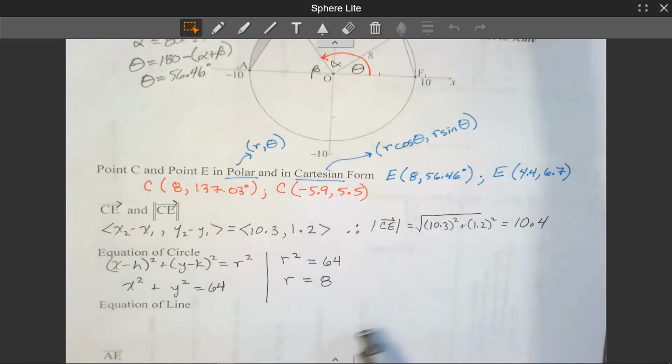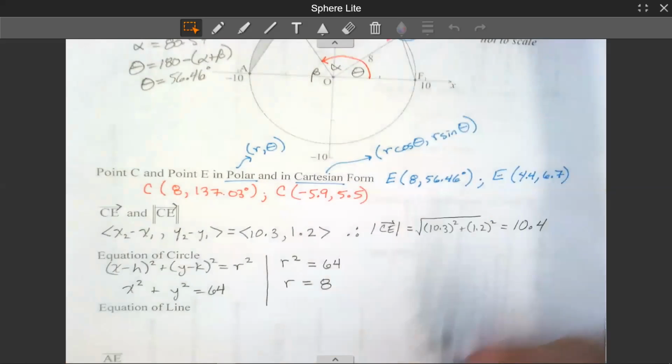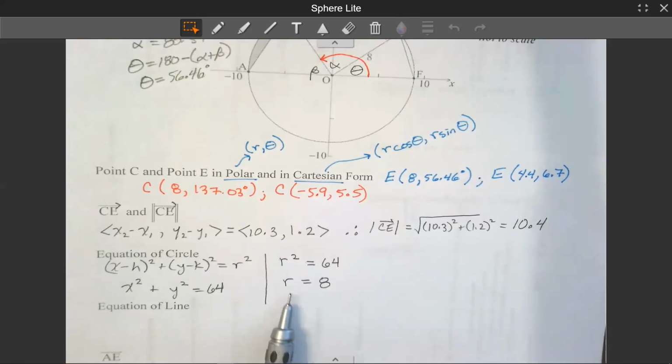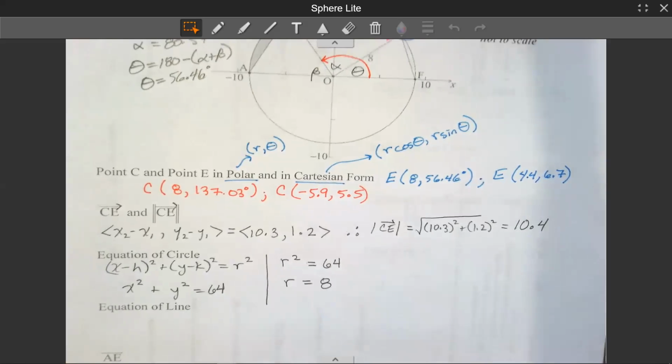We only concern ourselves with the positive 8 in this case because it does not matter the angle that goes out. Regardless of the angle, the distance from the origin will always be 8 in this polar form.